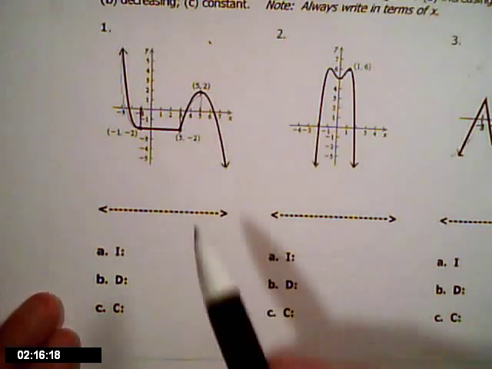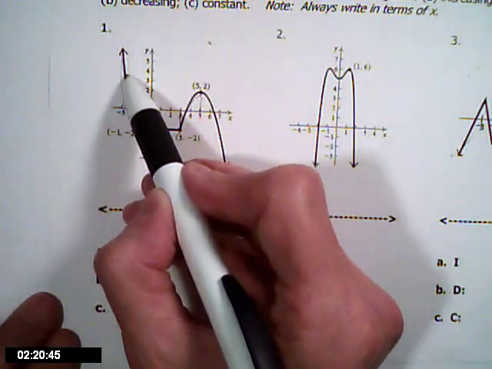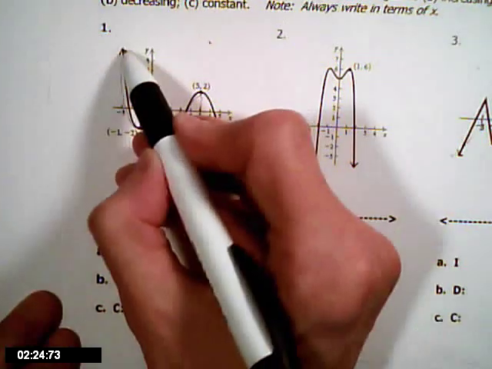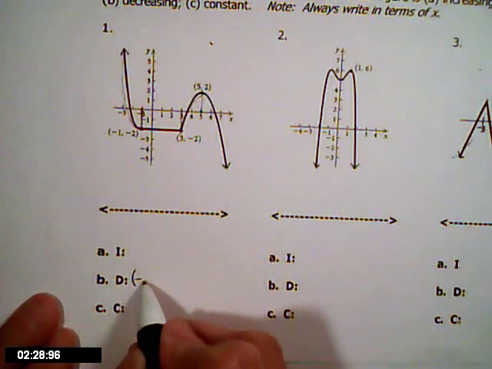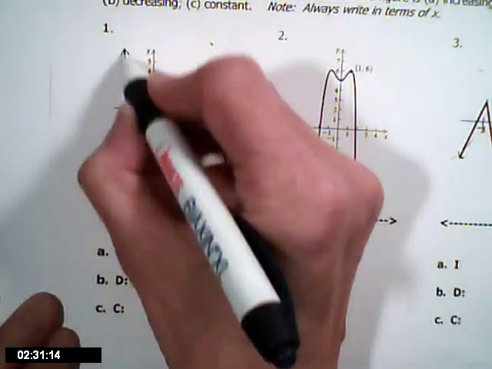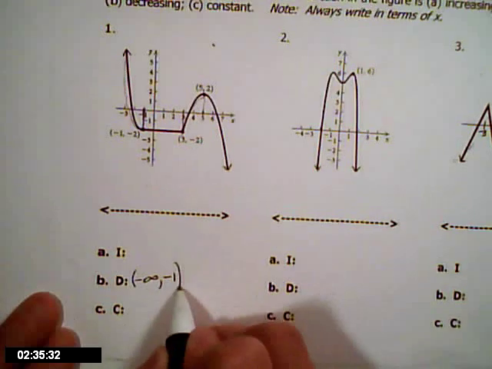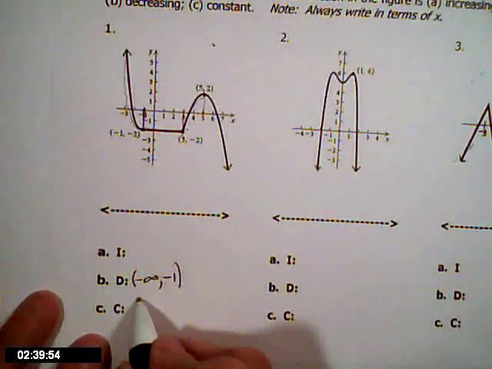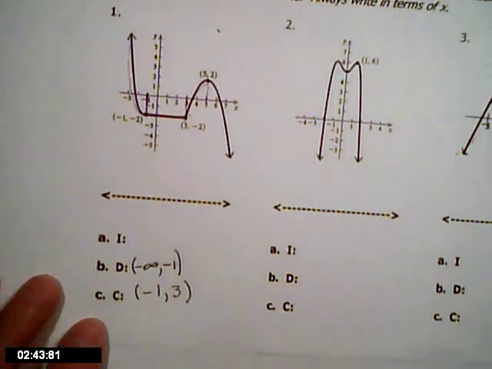Now let's write these out in interval notation. First, the interval decreases. This is increase, decrease, and constant. So first I'm decreasing. We always start at the left. That's -infinity. And it decreased to what x? Well, that was -1. Then it was constant. From what x? -1 to 3.